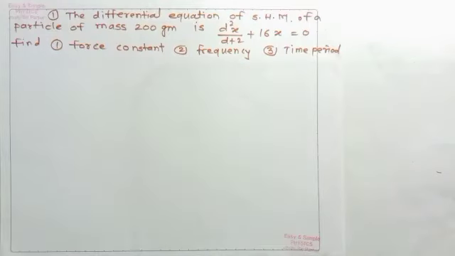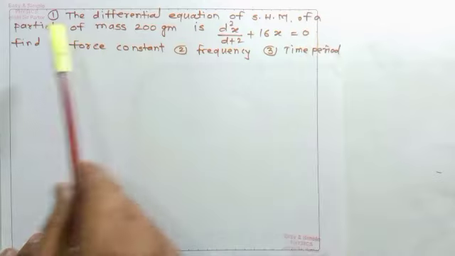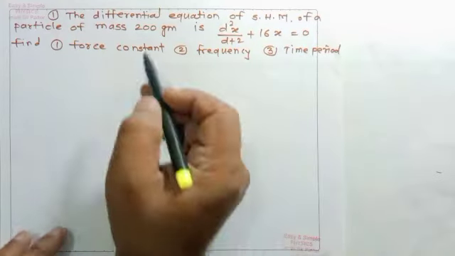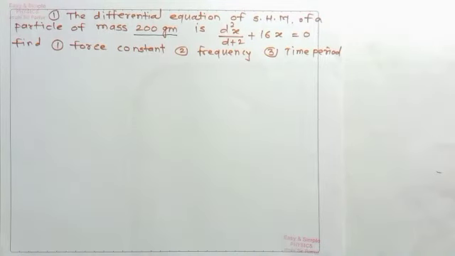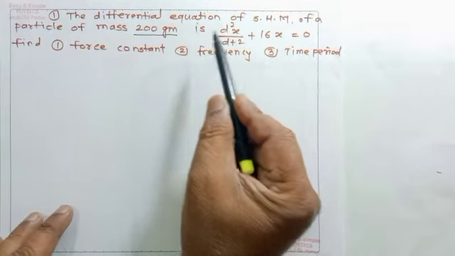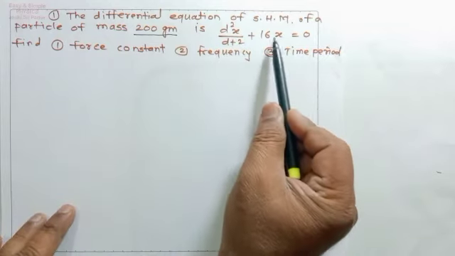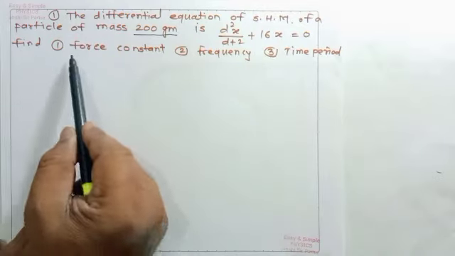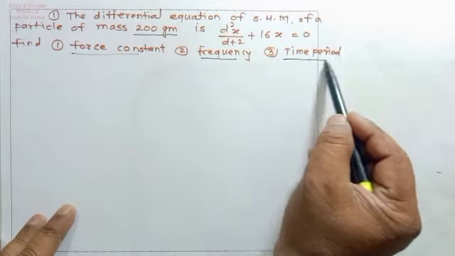The first example is the differential equation of SHM of a particle of mass 200 gram. Mass is given as 200 gram, and the differential equation is d2x upon dt square plus 16x equal to 0. Determine the force constant, frequency as well as time period.